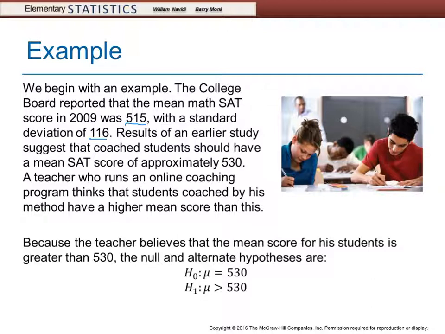A teacher who runs an online coaching program thinks that the students coached by his method have a higher mean score than this. Because the teacher believes that the mean score for his students is greater than 530, the null and alternative hypotheses are the following. Mu equals 530, which is the null hypothesis, the current condition, and H1, the alternative, is mu greater than 530.